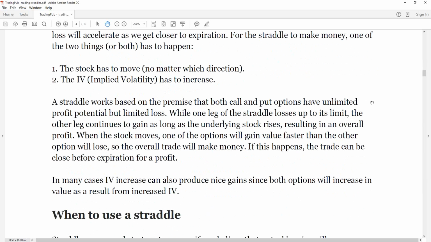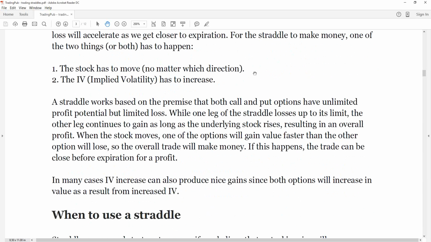So the closer expiration we go with, the more aggressive the trade becomes. The negative theta becomes much bigger, but we will also have higher gains if the stock moves. So this is one thing: the stock has to move.